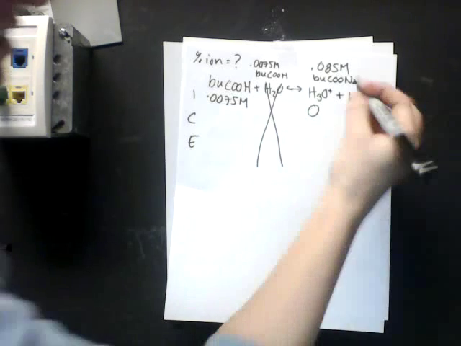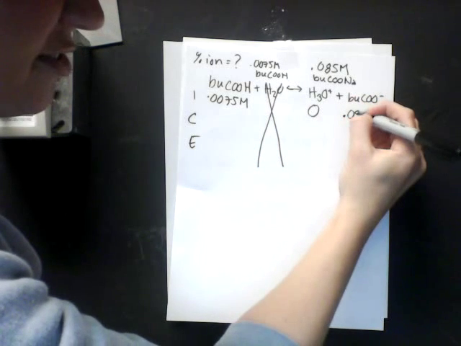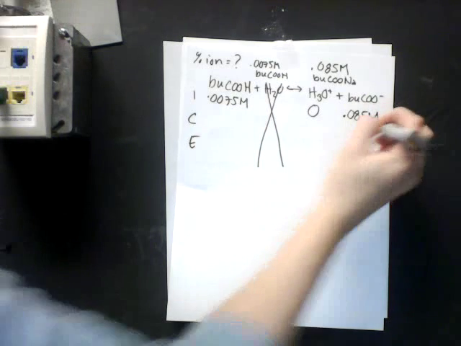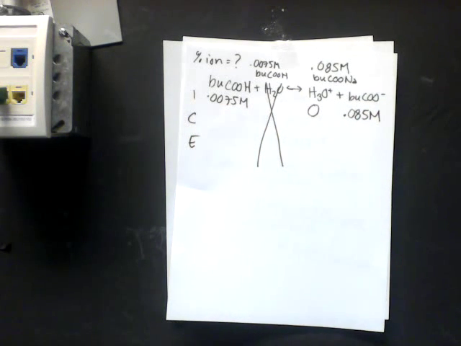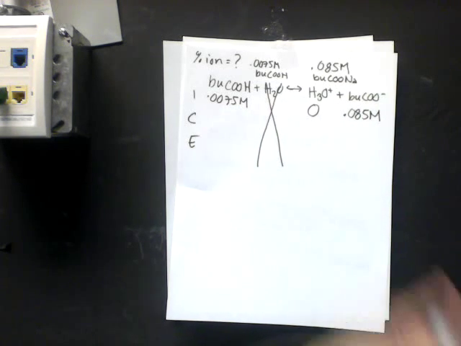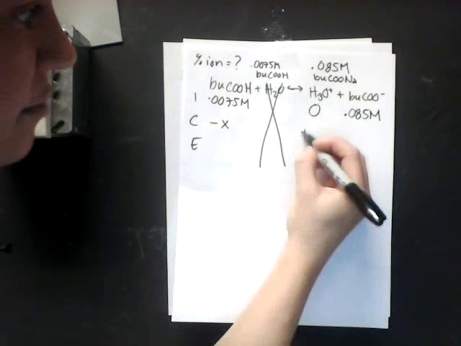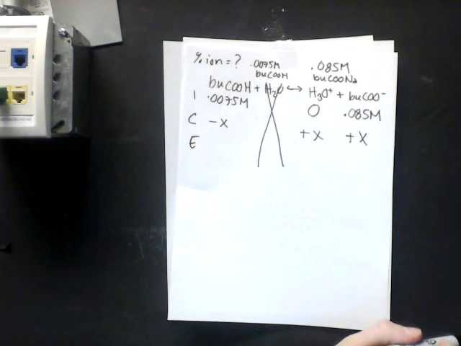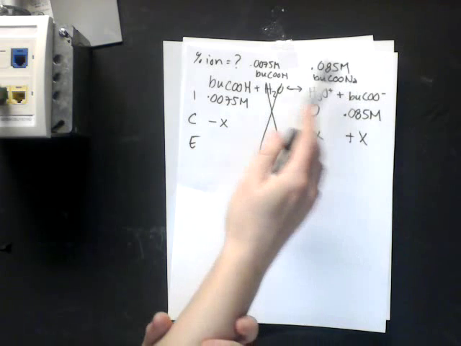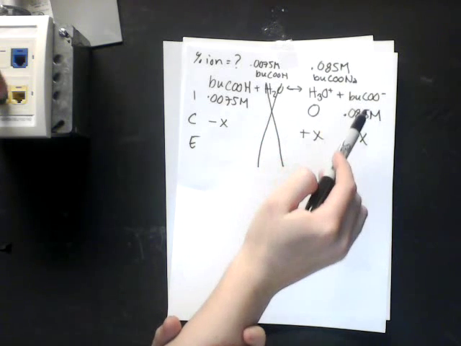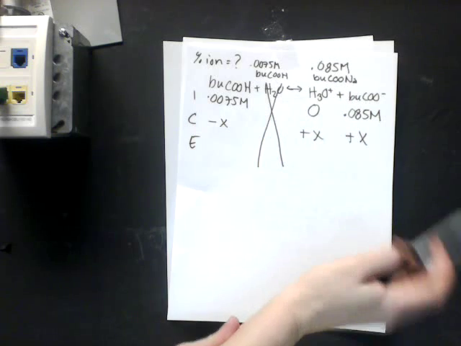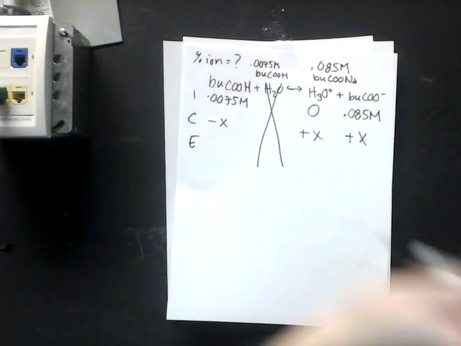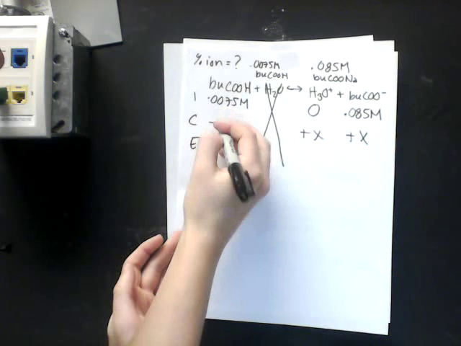So this value right here, 0.085, gets plugged in as an initial value. My change is going to be exactly the same. They don't give me any indication of what my change will be, so I'm getting rid of reactants and adding more products. The only difference is that they gave me an initial concentration of a base, so I have to add it there.